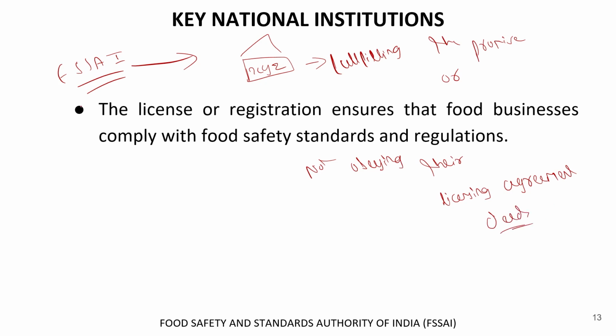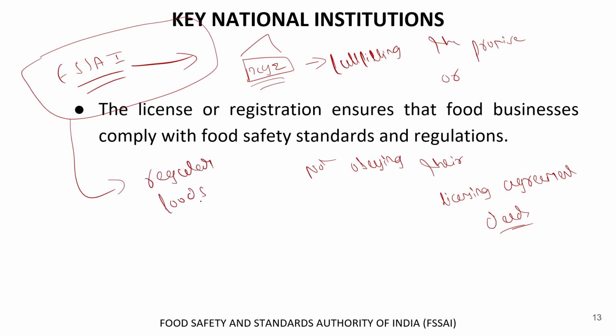XYZ may claim, yes, we are doing all the things promised, we are obeying all the licensing deeds. Then how could the FSSAI say that XYZ is not? By regular food inspections and sampling.